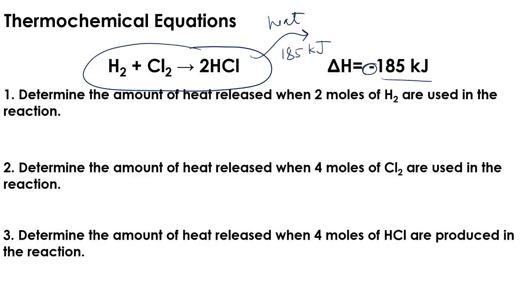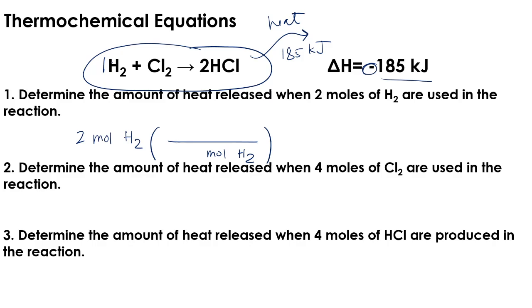Let's go to the first problem. Determine the amount of heat released when 2 moles of H2 are used in the reaction. So here, let's do the same thing as before. Let's write the given, 2 moles of H2, and then find out the amount of heat released. Again, the amount of heat released is equal to the delta H. So in this case, moles of H2, and then for the number here, look at the thermochemical equation.